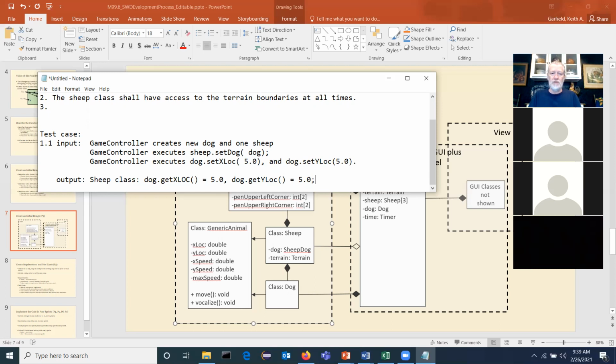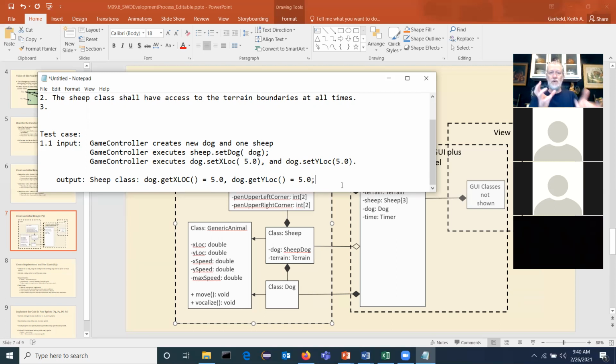But notice we're using specific values. Now there's a weirdness here, because I'm saying your requirement shouldn't say how you solve the problem. They really are talking about functionality. And yet there's a lot of design solution in this test case, right?